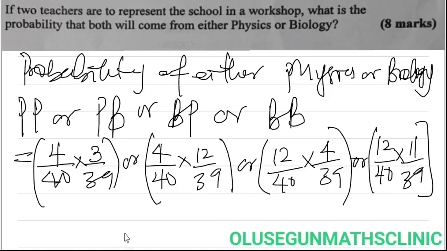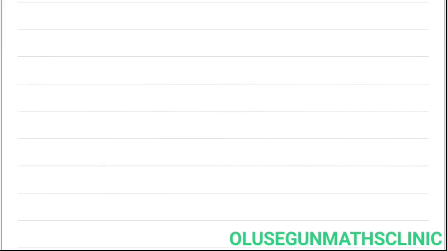So now, let's try to simplify. In probability, "or" means plus. So let's simplify.